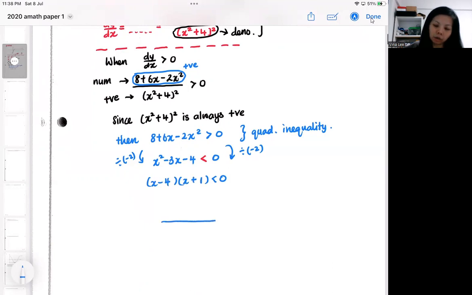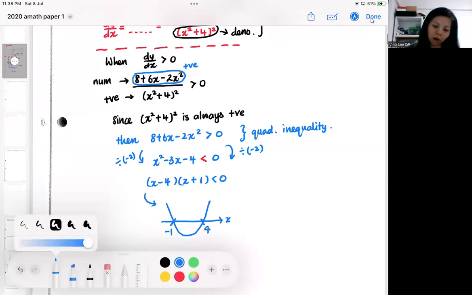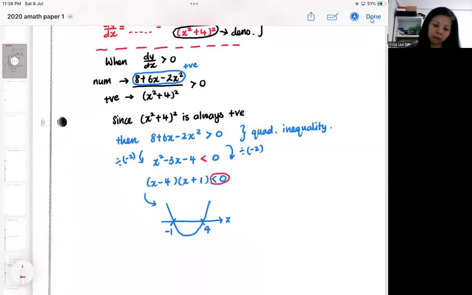Essentially, you should see it as a quadratic function. So this is a small graph, and mentally you need to calculate the x-intercepts, where you will get -1 and 4. You are shading below the x-axis.